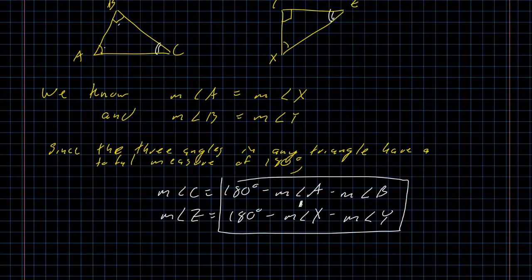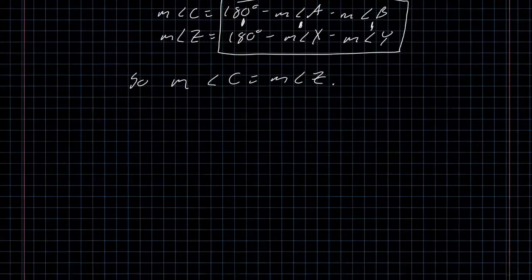A and X are the same, B and Y are the same, and 180 is the same as 180. So that means that the third angles must be matching as well. And so we have that all three angles of these triangles match up.